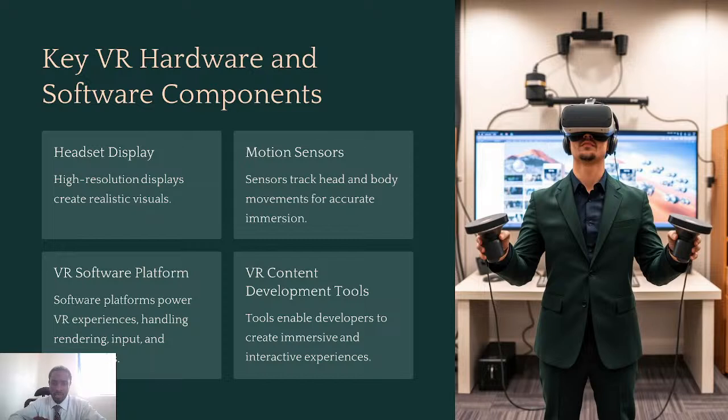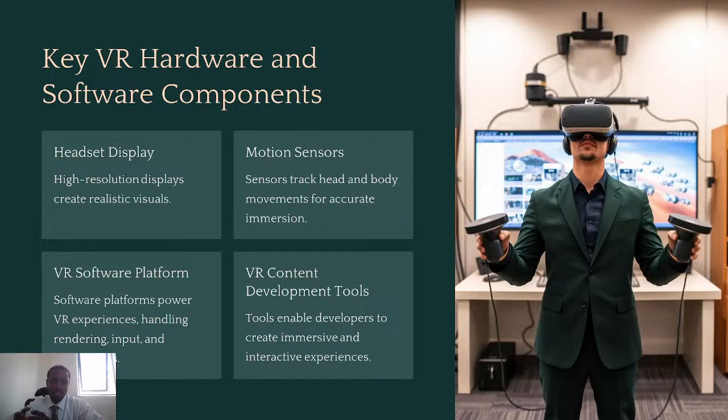So if the user shakes the head, you should be able to see a different part of that virtual image. Look down, you should be able to see the bottom part of that image. Look up, raise your head up, you should be able to see that. It is quite interesting when you use it and you visualize by moving around like you're moving in this world, but it's virtual. It is done with the help of the motion sensors.